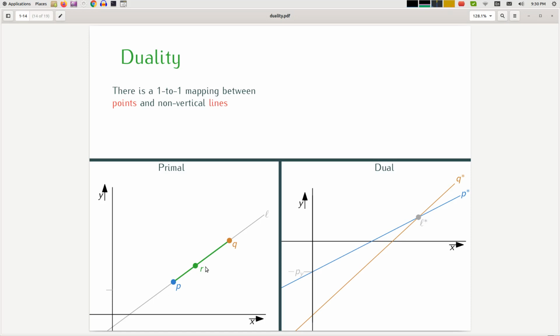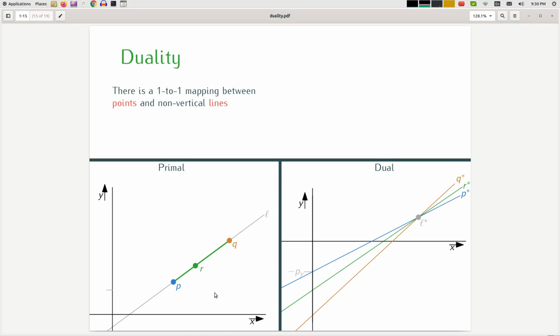If I reason about the particular definition of duality that I use, the x-coordinate is between the x-coordinates of P and Q. So therefore the slope of this line R star in the dual will be between the slopes of Q star and P star. So it has to look something like this.